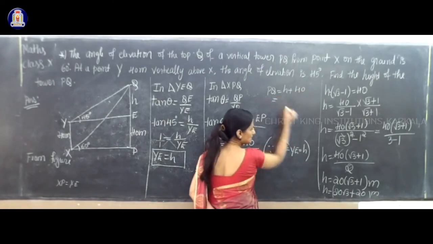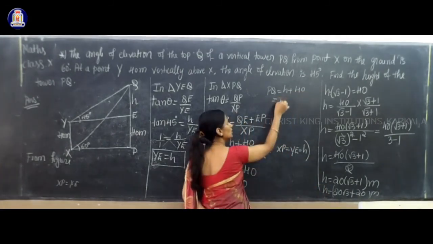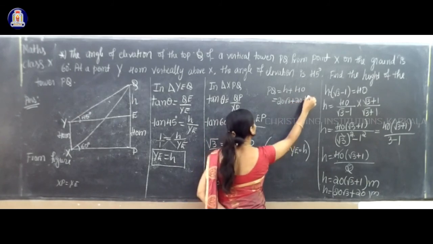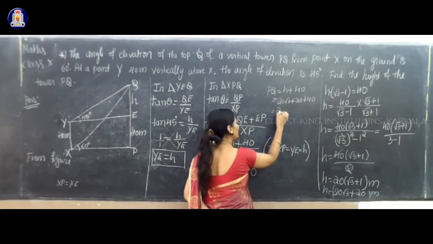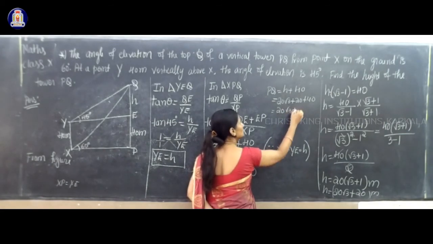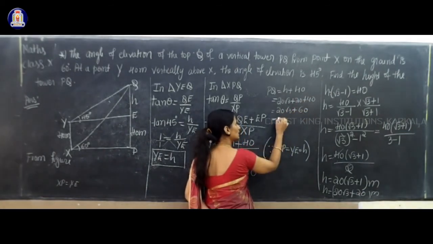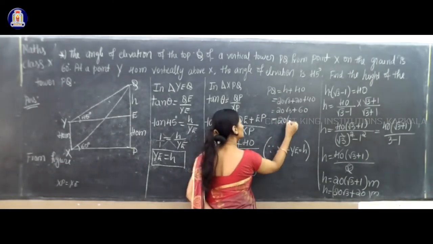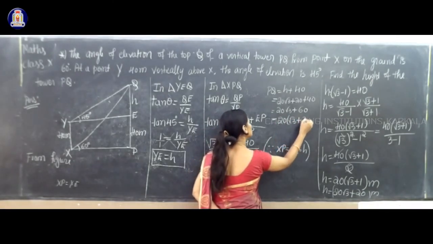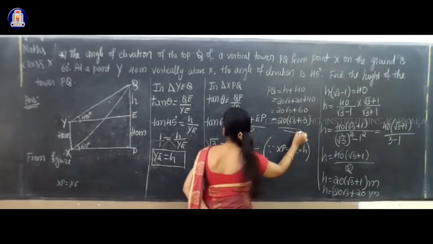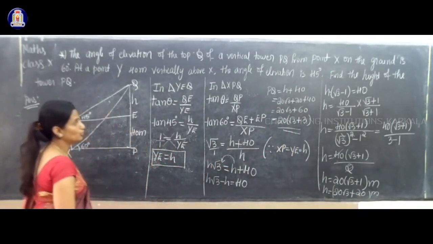What is our H? H is 20 root 3 plus 20, plus 40. So now 20 plus 40 is 60. If you want to take 20 outside, so 20 outside: root 3 plus 3. So now this is your height of the tower.